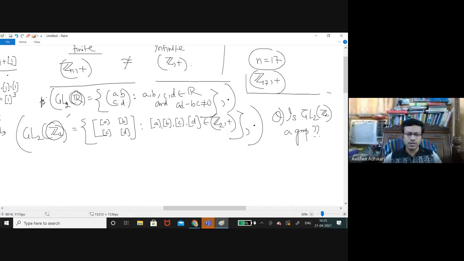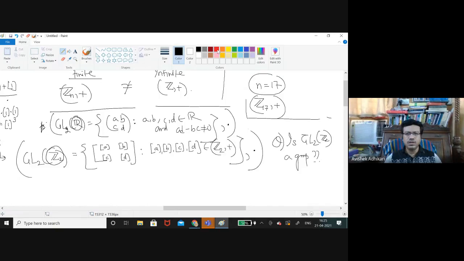What were a few important properties of this group? This group was infinite. This group was non-commutative. Today some of you told me non-commutative.